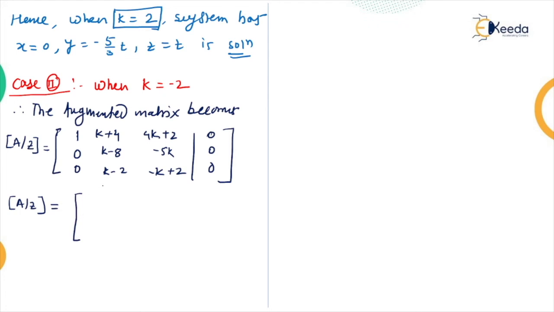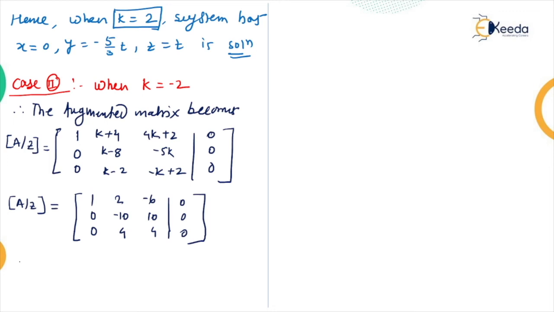So I am writing here 1 0 0, column-wise elements 1 0 0. Next is 2 minus 10 4, and next is minus 6 10 4, and the next are all zeros. So this is the augmented matrix.